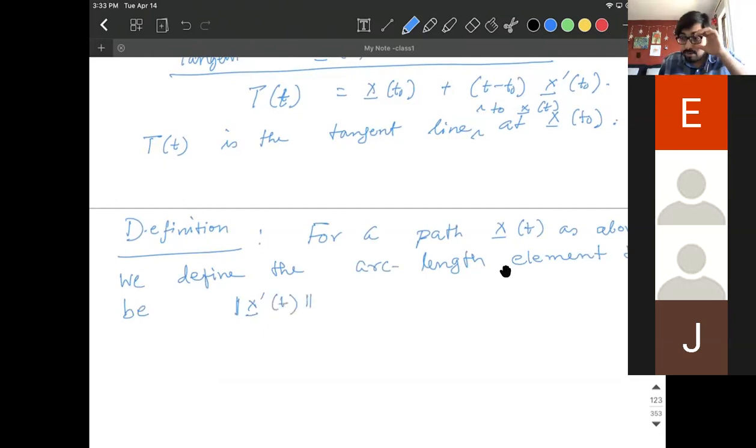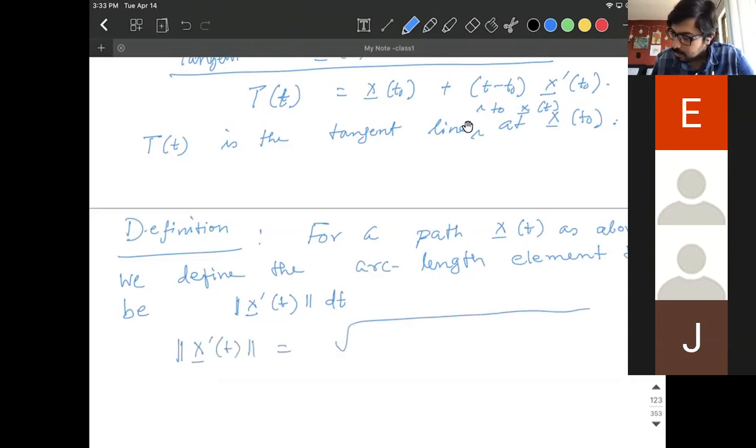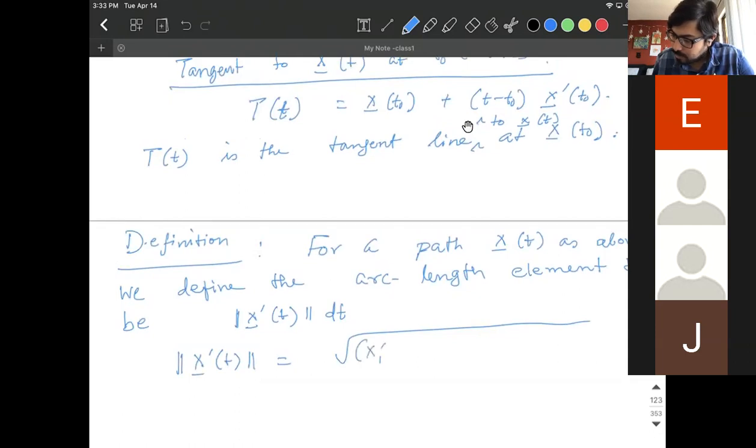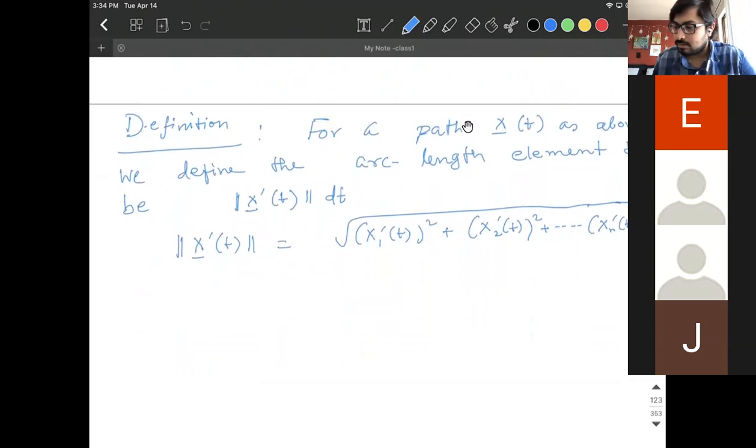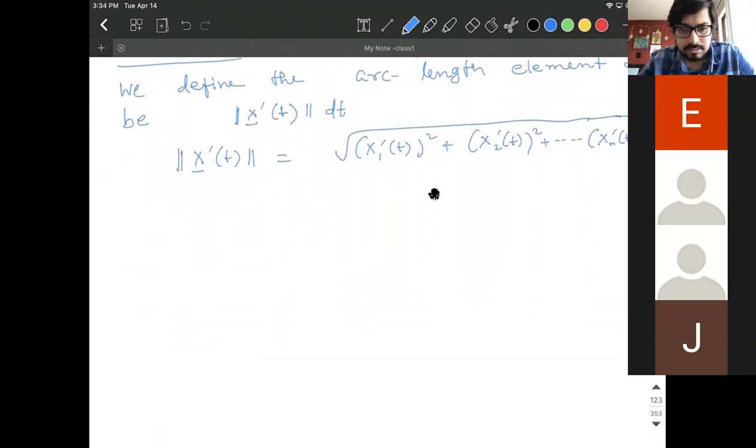So you take the norm of the derivative of x and take this infinitesimal element dt. So this is the infinitesimal arc length scalar. So x prime of t, the norm, is given by the square root of x1 prime t squared plus x2 prime t squared and so on. Okay. So this is what the norm of x prime t is.